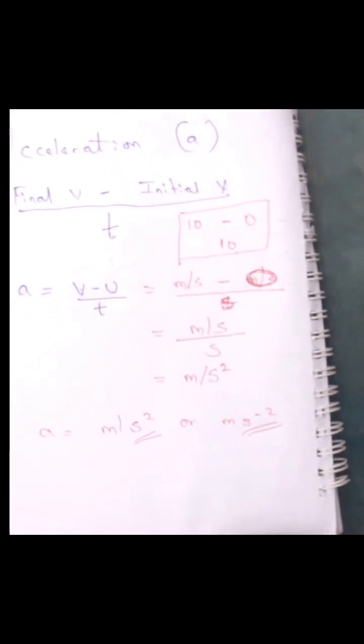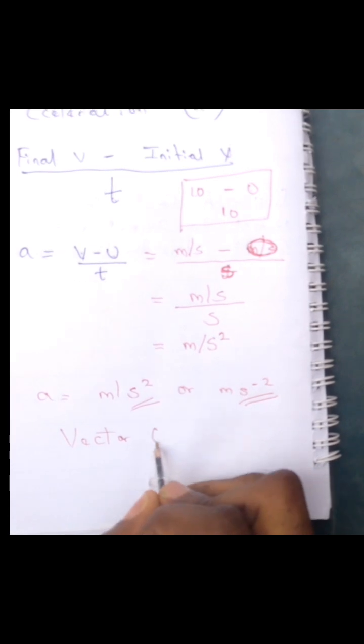That is it. And with that being said, we can say, what quantity is acceleration? It's a vector quantity. And that's it. We are done.